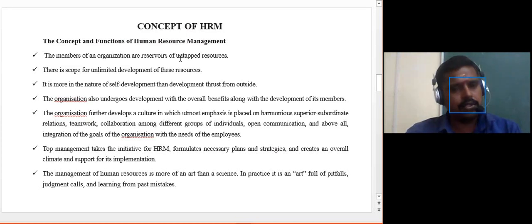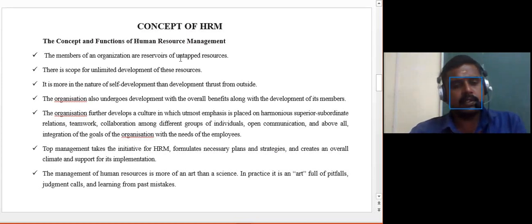And the organization further develops a culture in which utmost emphasis is placed on harmonious superior-subordinate relations, teamwork, and collaboration among different groups of individuals, and we can develop open communication. We can eradicate the gaps between person and person, and it must integrate the goals of the organization with the needs of the employee.